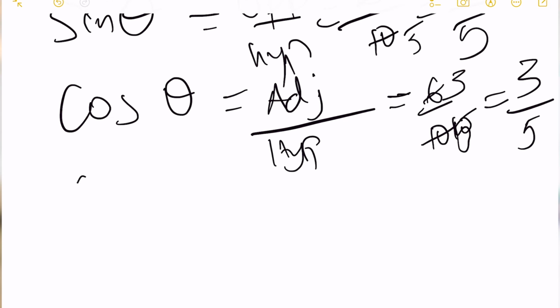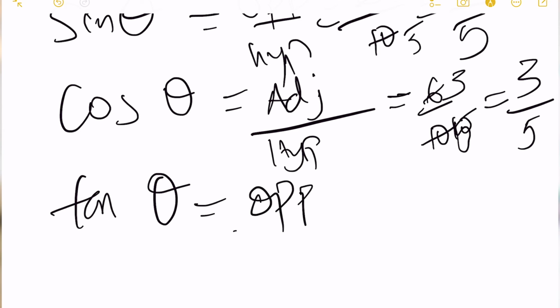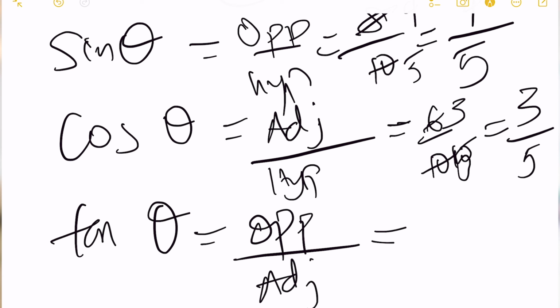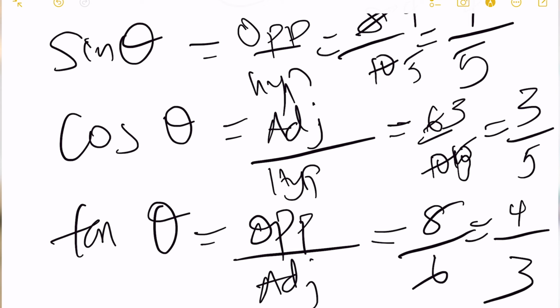For our tan theta, we have it to be opposite over adjacent. So we have this to be 8/6, which is 4/3.